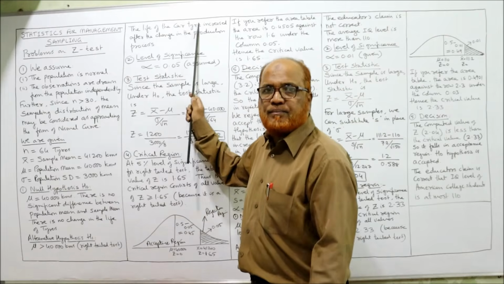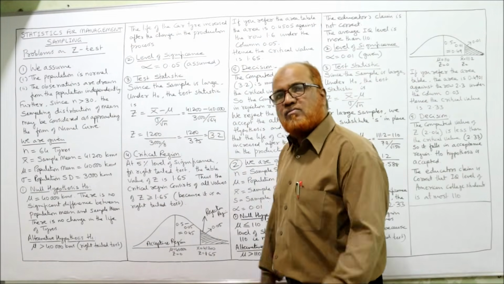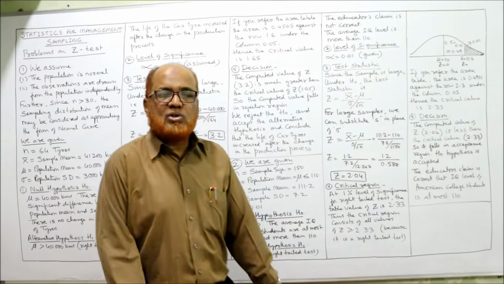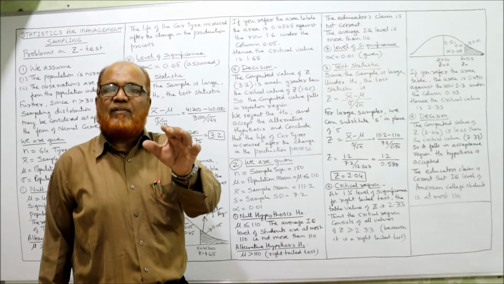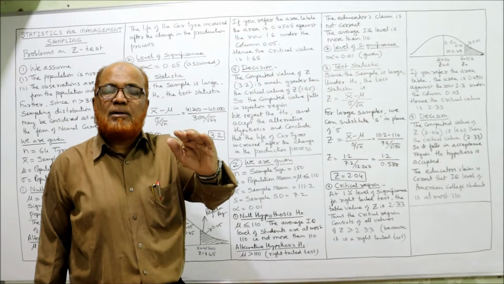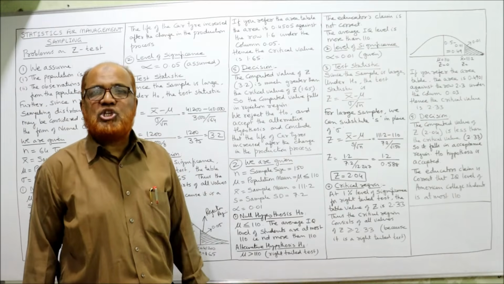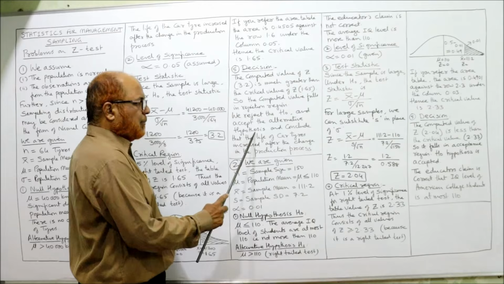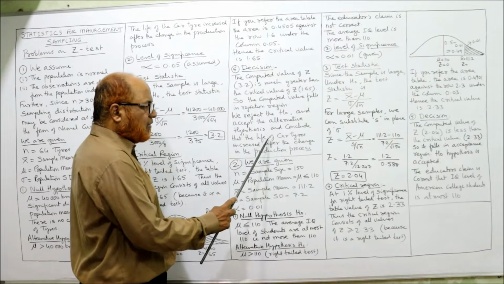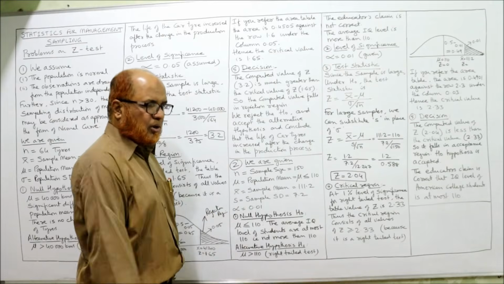This we accept. The null hypothesis we have rejected; the alternative hypothesis we will accept. So this second contention we accept. That means the life of the new car tire is better than the life of the existing one due to the change in the production process. We reject the null hypothesis and accept the alternative hypothesis and conclude that the life of the car tire increased after the change in the production process.